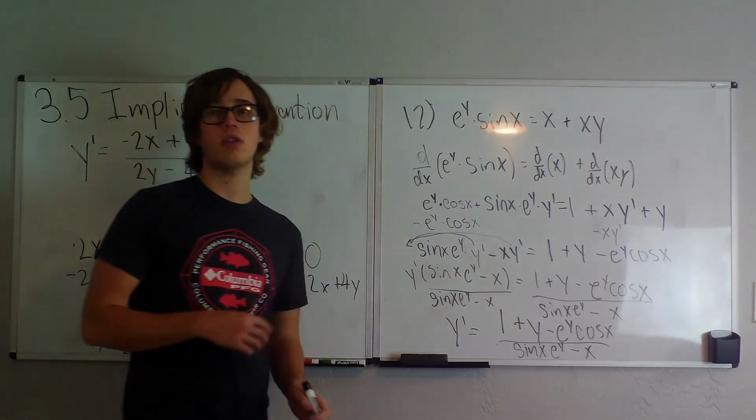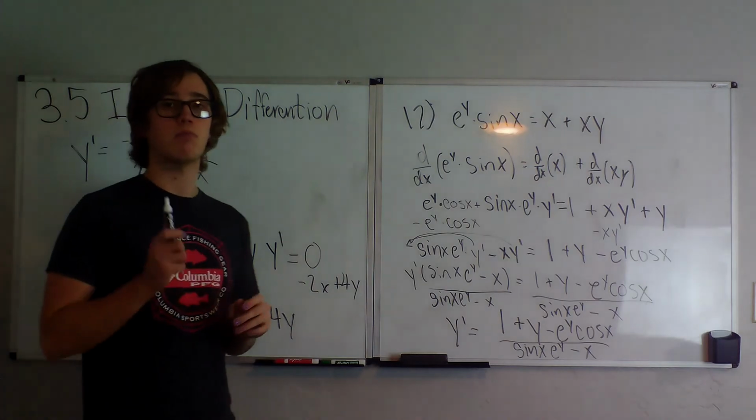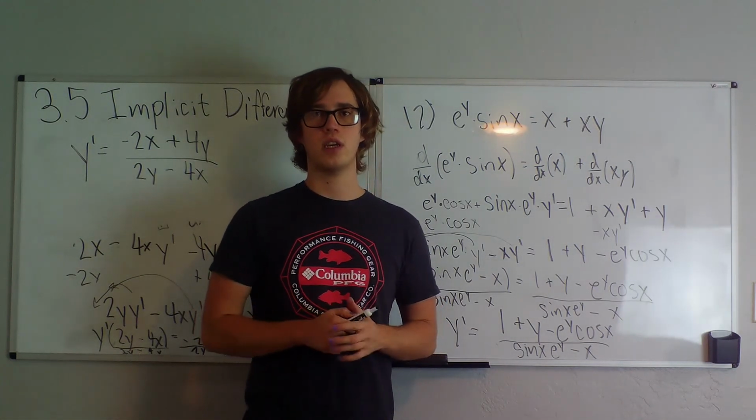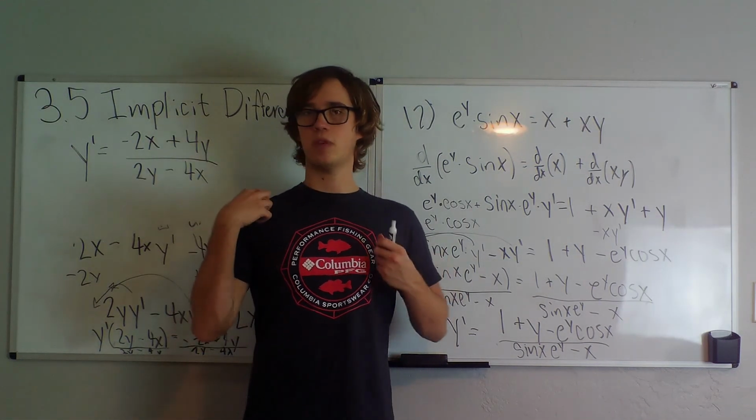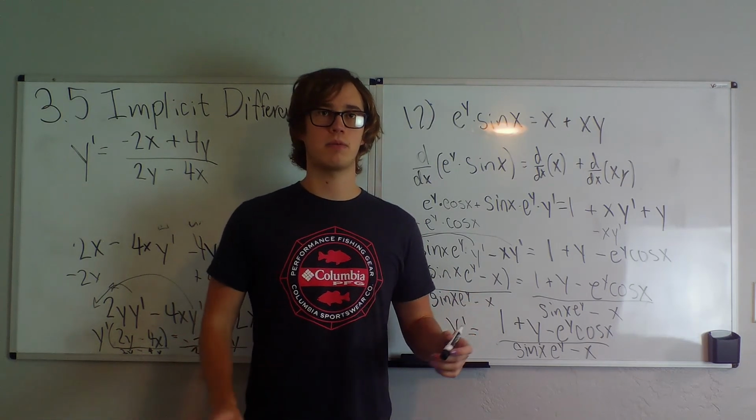And that's how you do this problem. And these are the two problems I wanted to cover. There will be more problems in the description of the video. I highly recommend that you do them because the only way you'll learn calculus is just by doing problems.